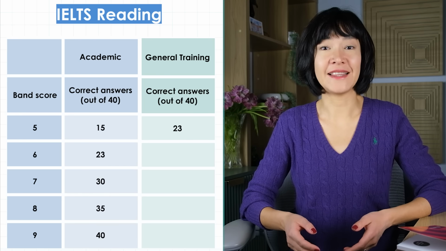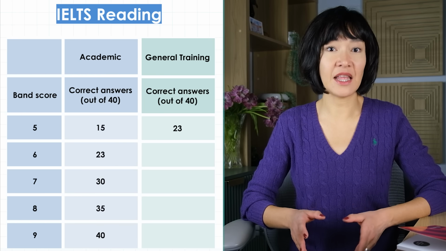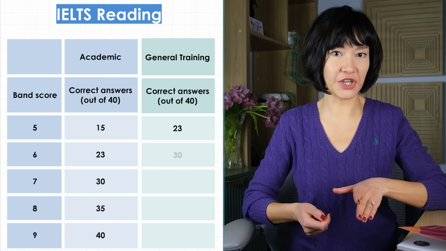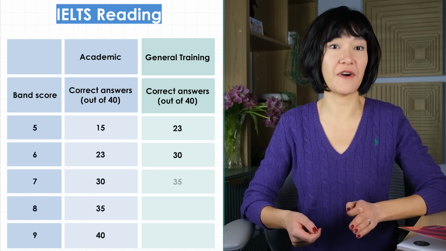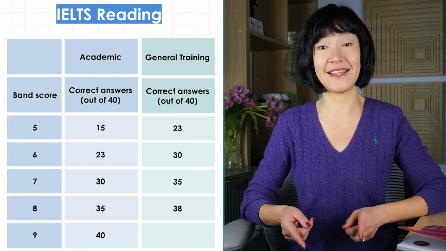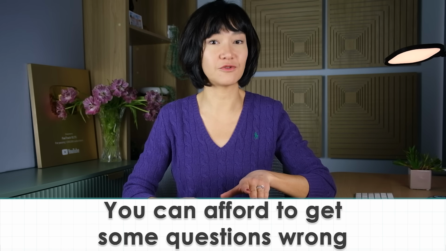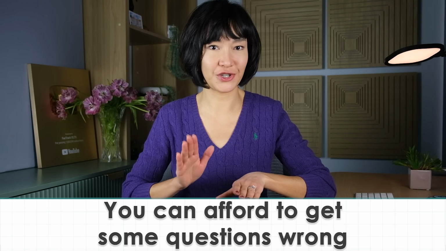For general training, the texts are a bit easier and you need a few more correct answers for the same band. So 30 answers for a band 6, 35 for a band 7, and 38 for a band 8. The exact conversion can change slightly from test to test, but the big idea is you can get some of the answers wrong and still reach your band.